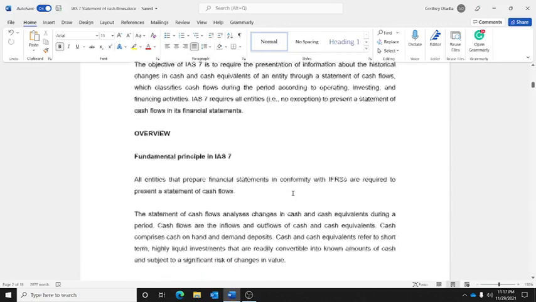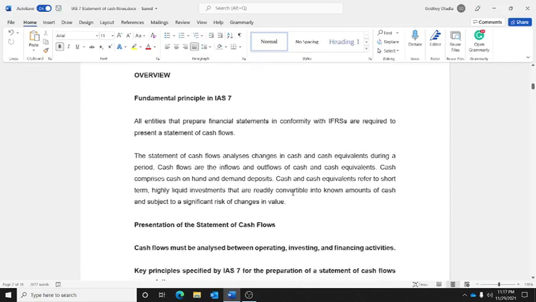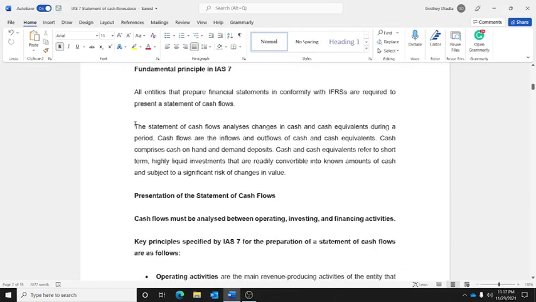An overview: all entities must prepare a cash flow statement. So in short, the statement analyzes the changes in cash and cash equivalents during the period. Okay. Cash flows are inflows and outflows of cash and cash equivalents. Cash comprises cash on hand and demand deposits.